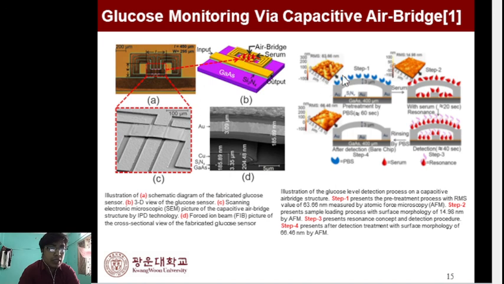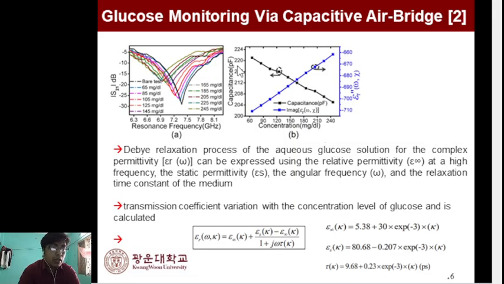Here is the pre-treatment, and after it the post-treatment, unloading the serum. This process is also shown by the AFM. This shows the various response frequencies by color, and here the concentration changes with the capacitance.